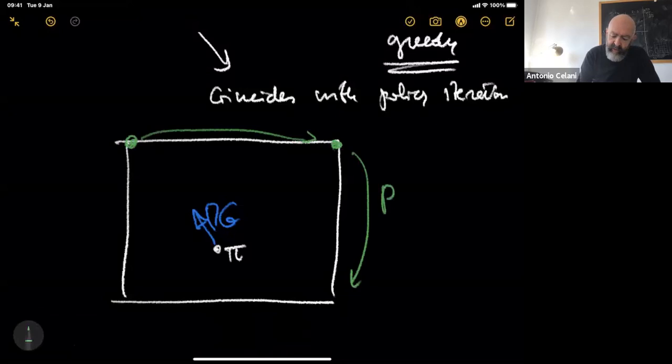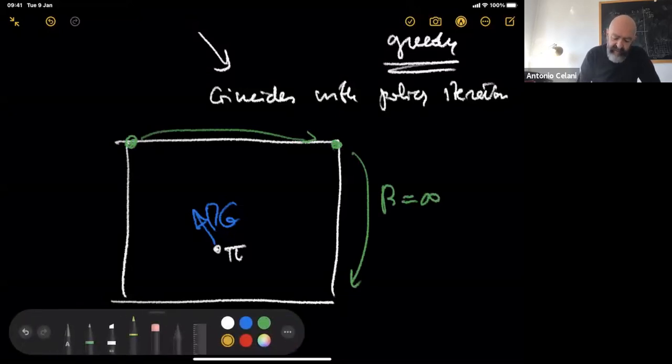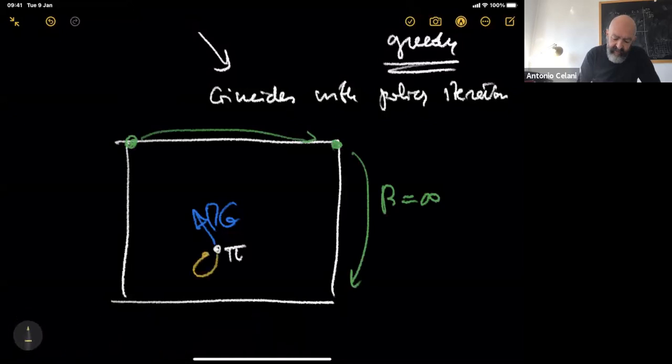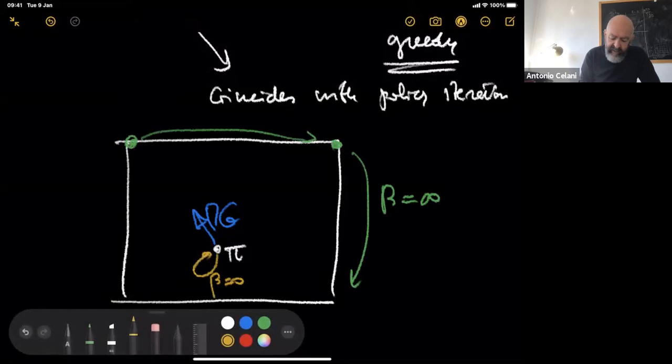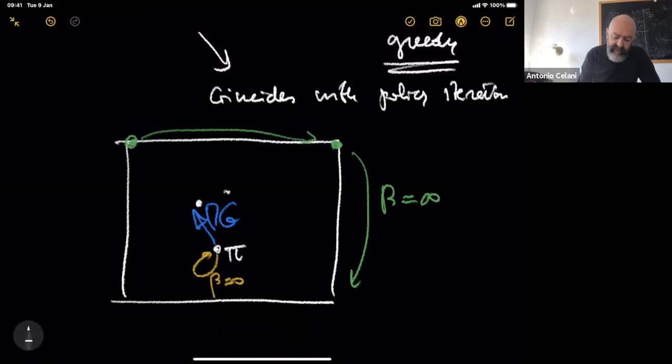So this is what happens when beta is infinity. When beta is 0, I don't move. And for intermediate betas, I take a step somewhere in this direction, and then another in this direction, and the length of these steps is variable, but I'm guaranteed that I will never go outside my policy space.